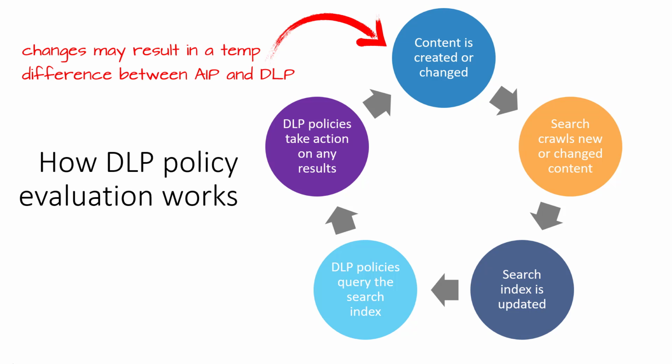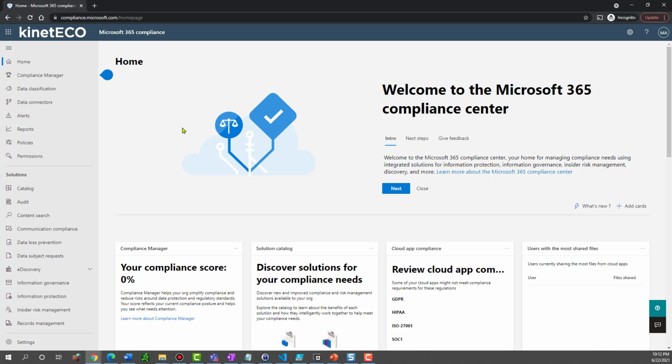We define these one time. But the way information protection labels a document and the way DLP works can result in some temporary differences. Why don't I just show you a sensitivity label in data loss prevention quickly.